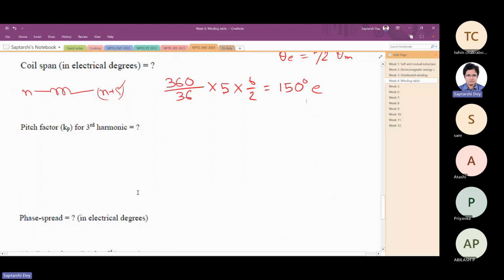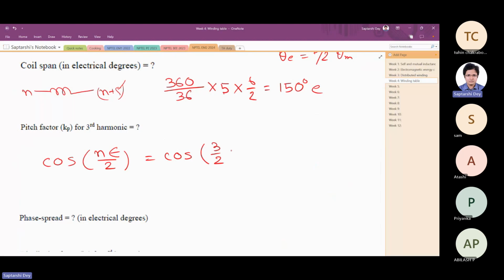The pitch factor that we saw for the nth harmonic is cos of n sigma by 2, where sigma is the short chording angle in electrical degrees. For the third harmonic they have asked, so 3 by 2.